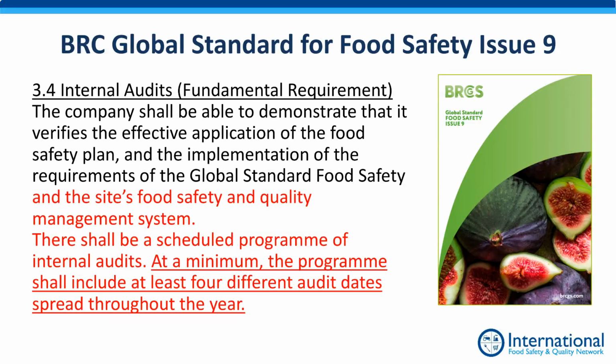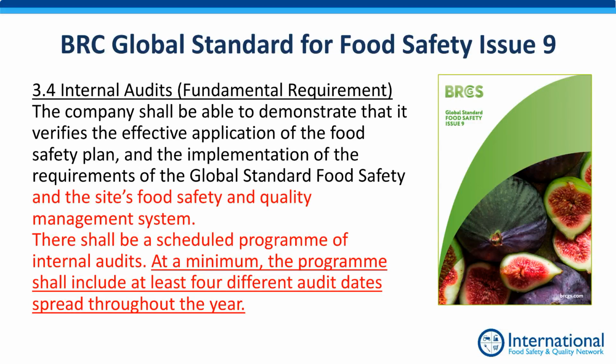There's a requirement for a scheduled program of internal audits, and for BRC, at a minimum, the program shall include at least 4 different audit dates spread throughout the year. The frequency at which each activity is audited needs to be established in relation to the risks associated with the activity and previous audit performance.